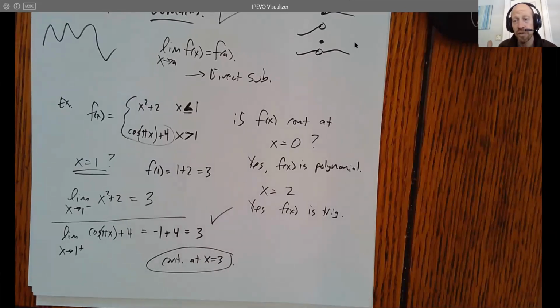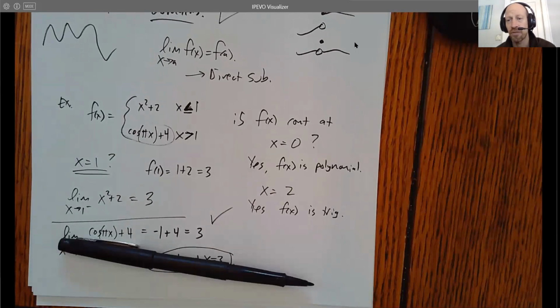Okay. So this function, it turns out, is continuous everywhere. I know that anything less than 1, it's continuous because it's a polynomial. Bigger than 1, it's continuous because it's a trig function. And it is continuous at 1 because, well, I just showed why it's continuous at 1. So you need to be careful that you're actually checking the conditions for continuity.